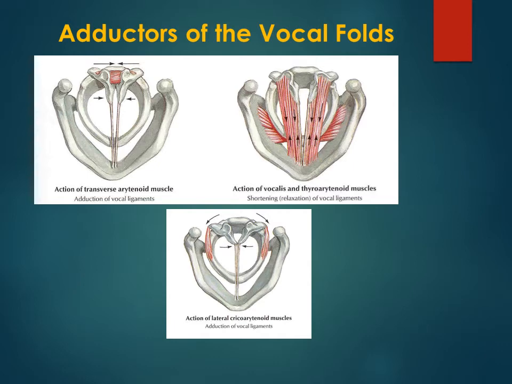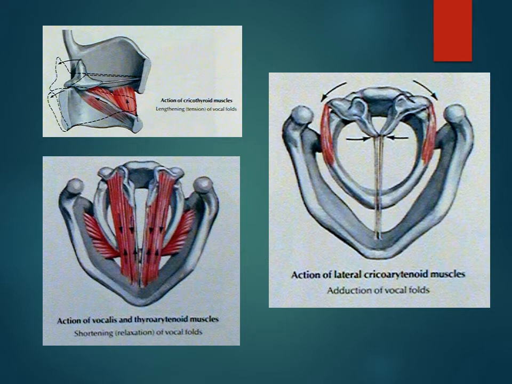And this is the lateral cricoarytenoid muscle, which adducts the vocal ligament by controlling the rotating movement of the arytenoid cartilages, then adducting the vocal ligament and tensing it. The action of the vocalis and the thyroarytenoid muscle is shortening or relaxing the vocal folds.